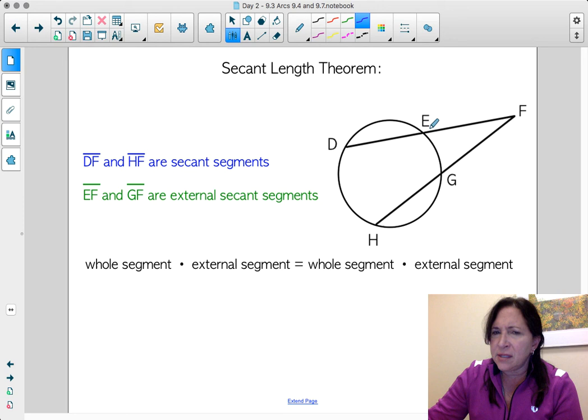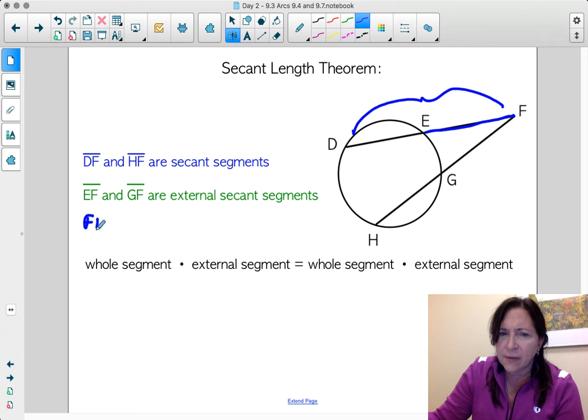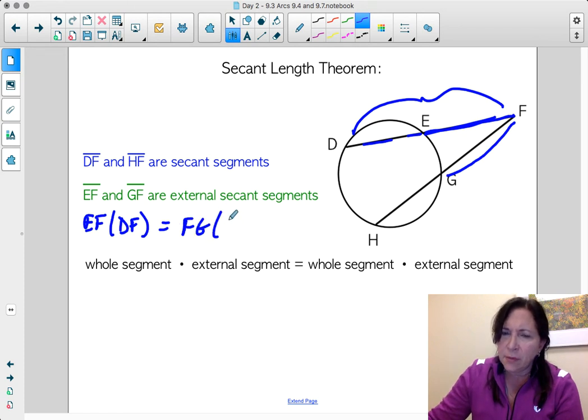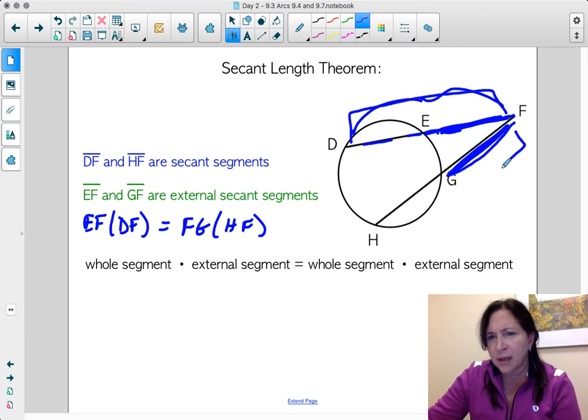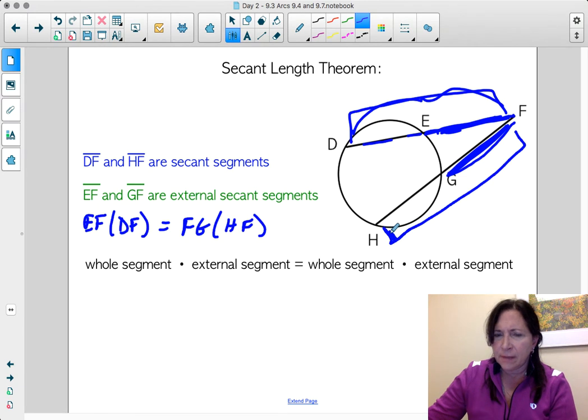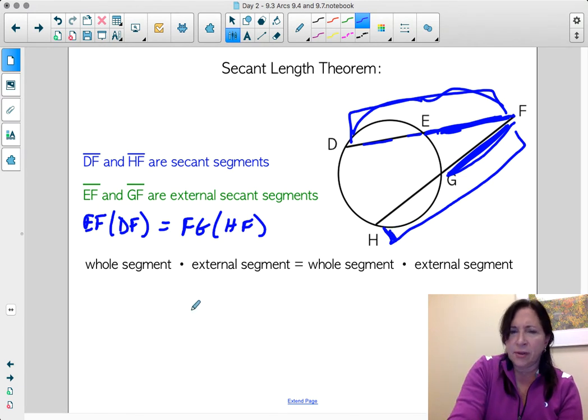Basically, the formula says you have the outside, EF, times the whole secant, DE plus EF, which I'm just going to call DF, is equal to the outside, FG, times the whole secant, HF. So you've got the outside times the whole segment equal to the outside times the whole segment. Let's do one of those.